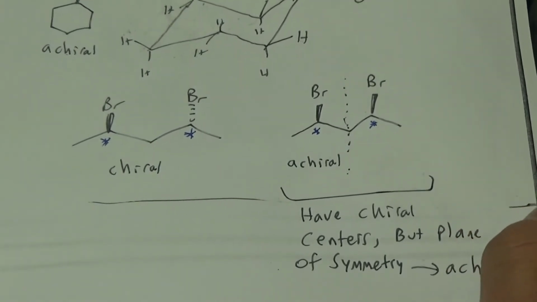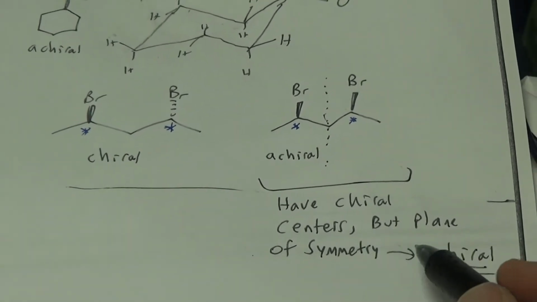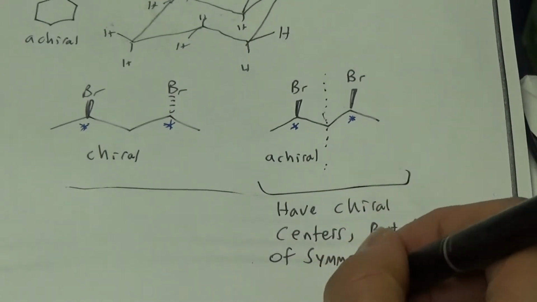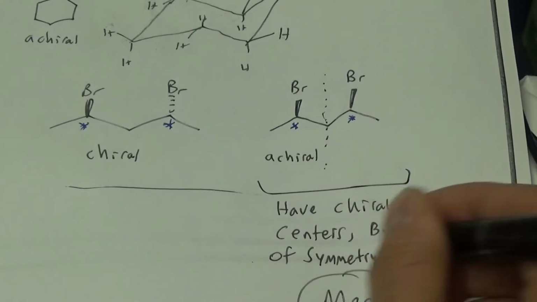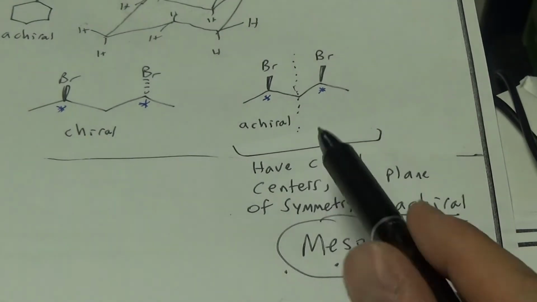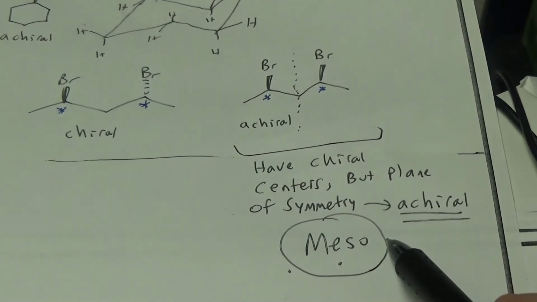The net molecule is achiral, even though you have chiral centers. We're going to give this a name. It's called meso. M-E-S-O. Meso is the situation where you have chiral centers and a plane of symmetry, and the molecule is achiral. Meso. Okay.